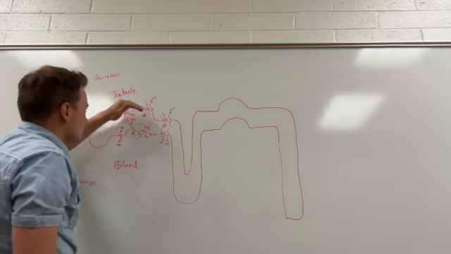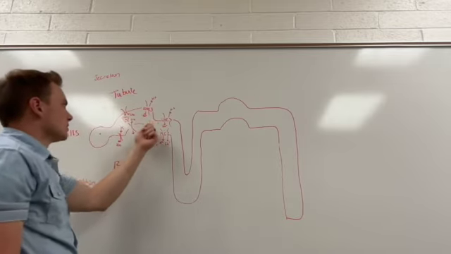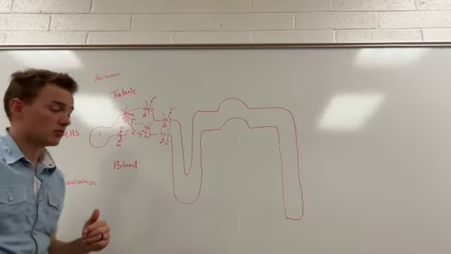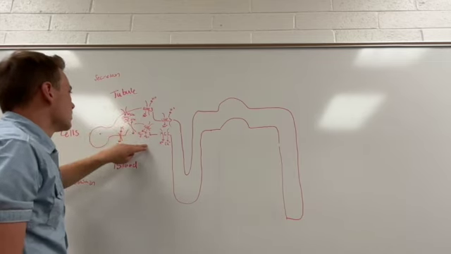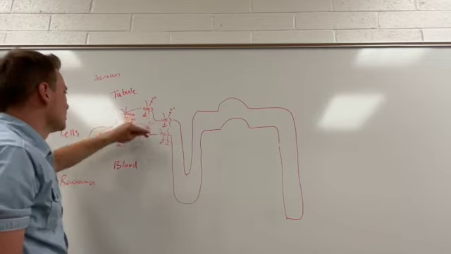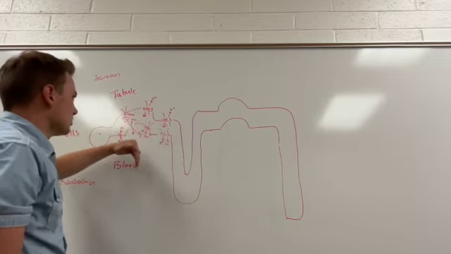Still on the proximal convoluted tubule, we have a transporter called NBC, which allows bicarbonate to come back into the blood since we need bicarbonate for our buffering system. And it also supports sodium. So we're attaching sodium's natural concentration gradient to HCO3, and that pulls it out.